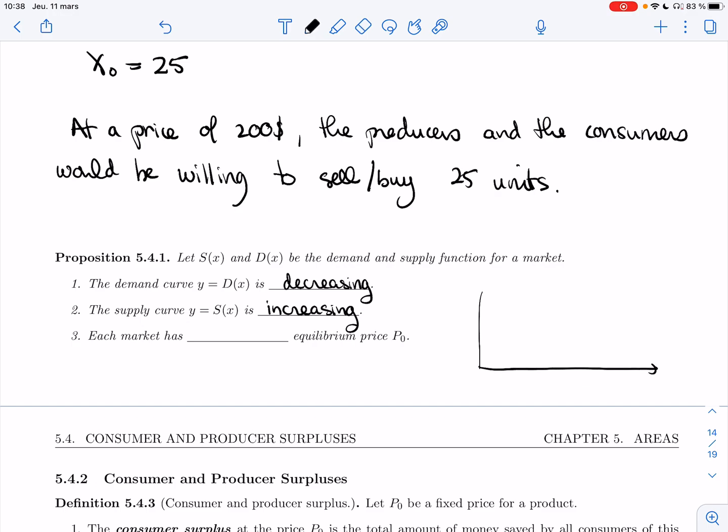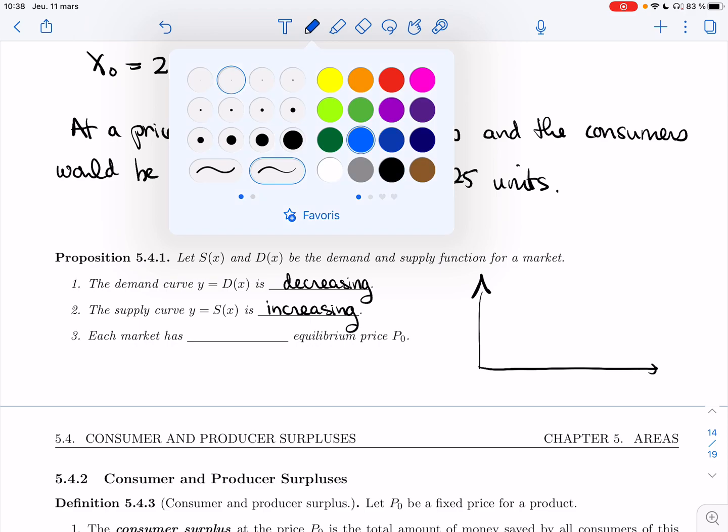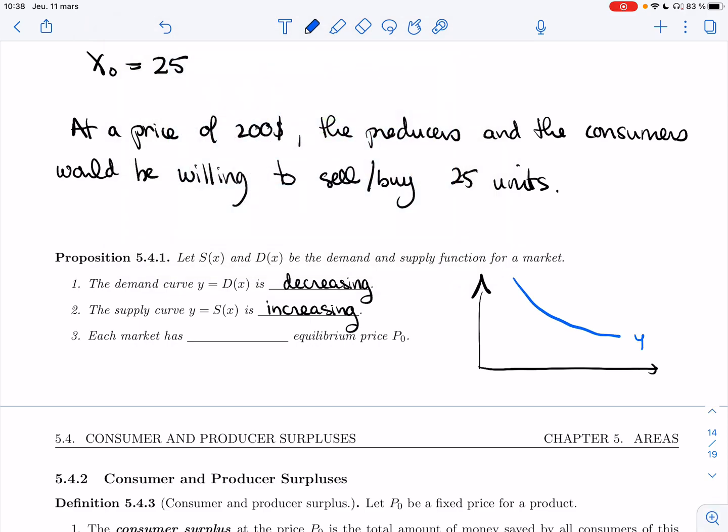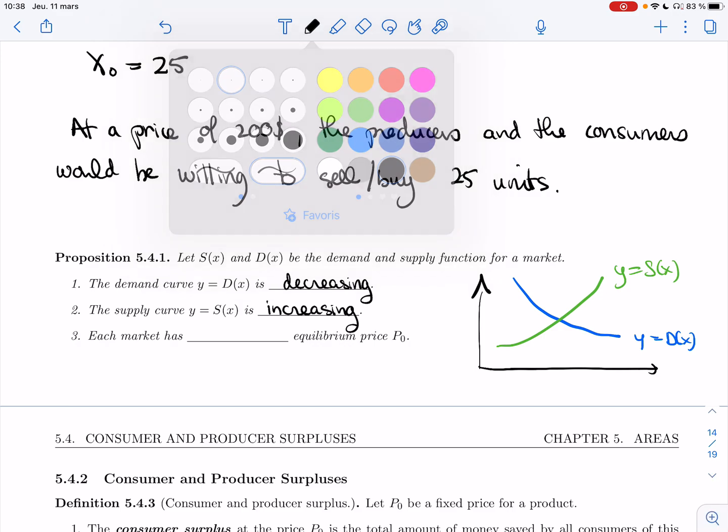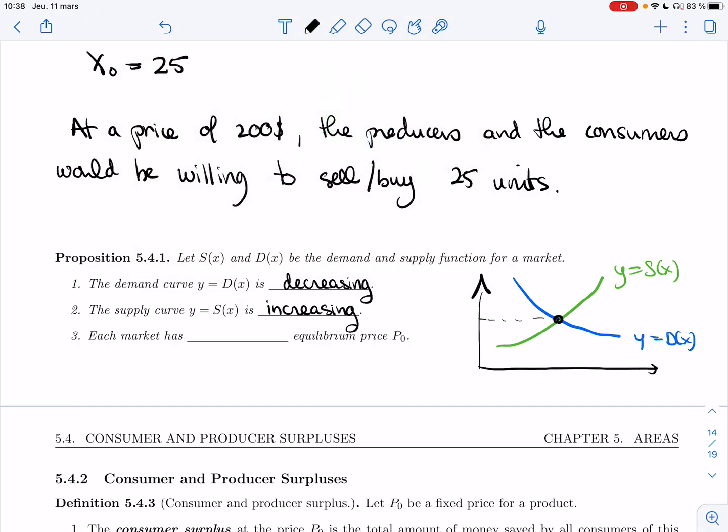So I'm going to have one decreasing demand function, one increasing supply function, and they're going to meet at a single price. Each market has a unique equilibrium point or none at all. So at most one equilibrium point.